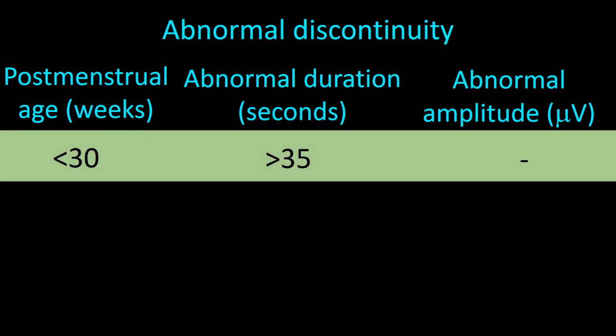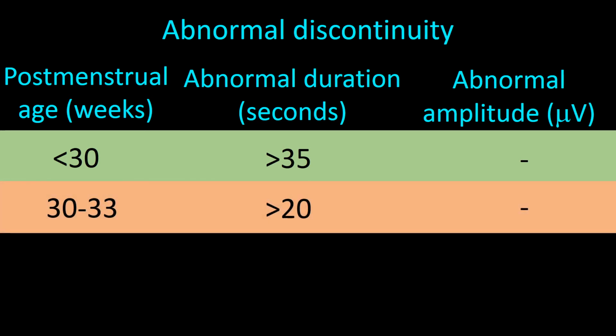In a neonate less than 30 weeks, an interburst interval lasting more than 35 seconds is abnormal. I do not use amplitude as a parameter to decide abnormality in this age group. In a neonate from 30 to 33 weeks conceptual age, an interburst interval longer than 20 seconds is abnormal.